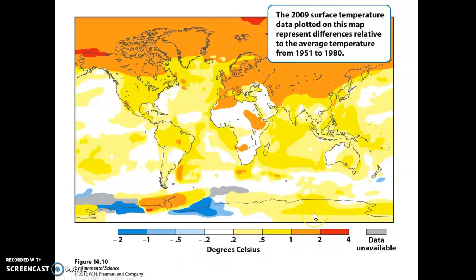So take a look at the map and see where the greatest warming occurred. It's occurring in the northernmost latitudes, the Arctic Circle. And the degree of change there is quite high, ranging from 2 degrees Celsius to pockets of 4 degrees Celsius. And that's critical because of what we've already talked about.